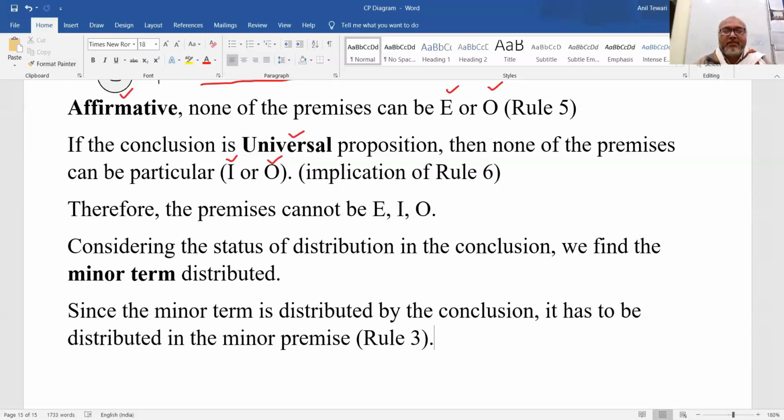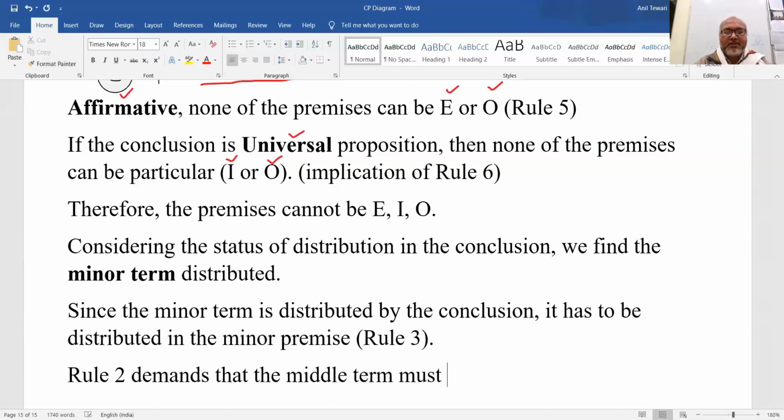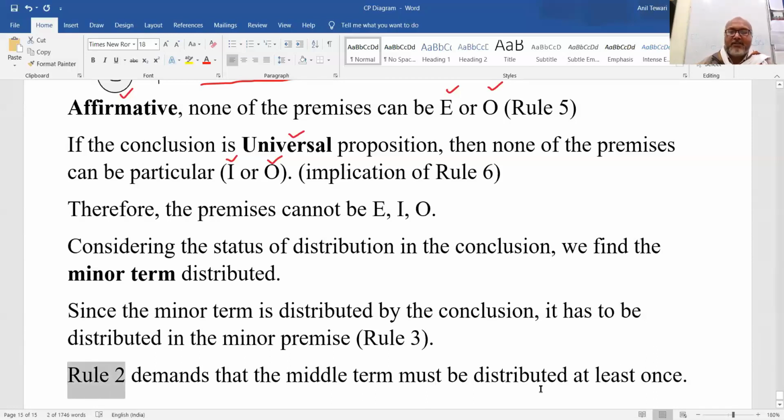So since the minor term is distributed by the conclusion, therefore it has to be distributed in the minor premise also. Rule 2 demands that the middle term must be distributed at least once. Rule 2 demand करता है कि middle term एक बार distribute होना ही चाहिए.